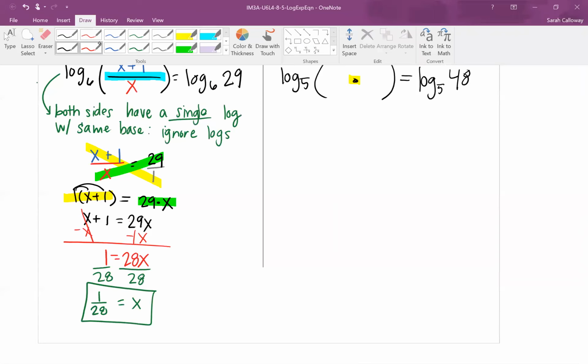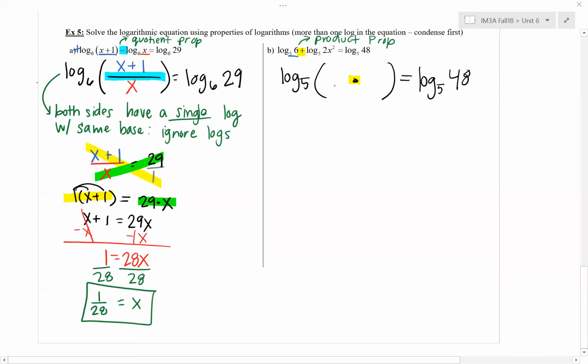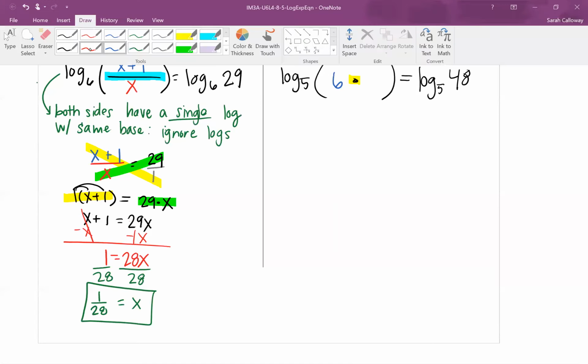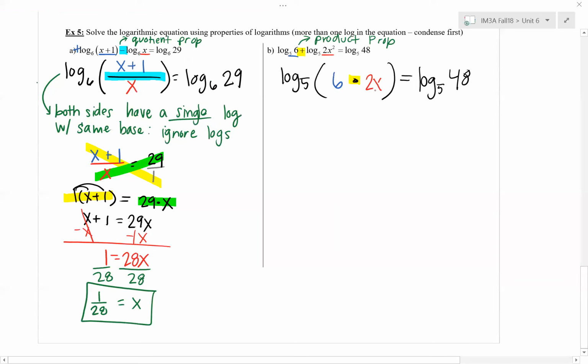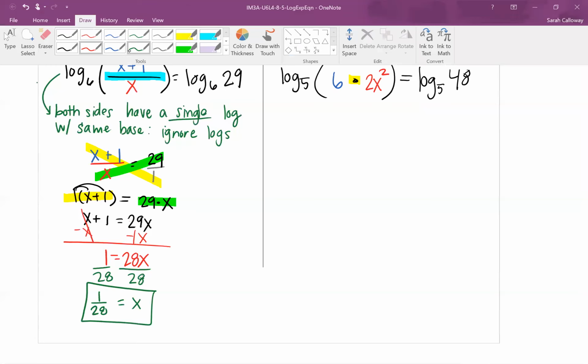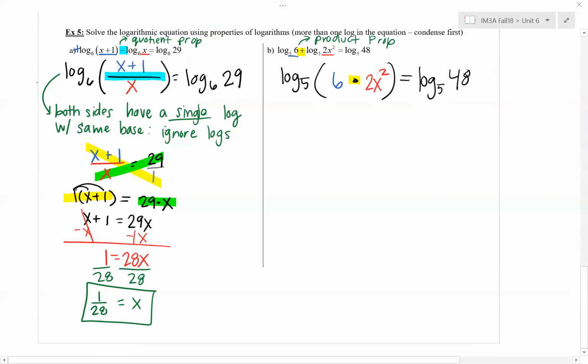I'm multiplying 6 times my 2x squared. The other one I couldn't simplify because it was just x plus 1 over x. So I've got log base 5 of 6 times 2x squared, which is 12x squared, equals log base 5 of 48.